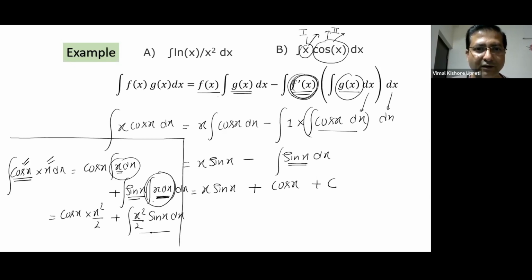This I cannot simplify now. But see, if you consider the other one as first and this as second, in the last we got a very simplified format and we integrated it. So what you consider first and what you consider second makes a lot of difference when it comes to product integration.